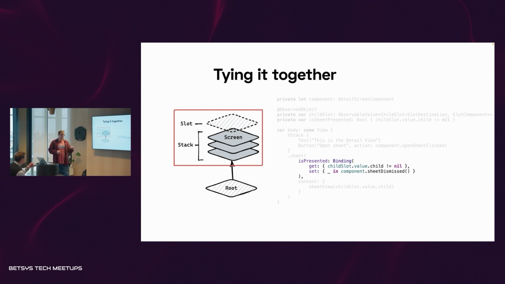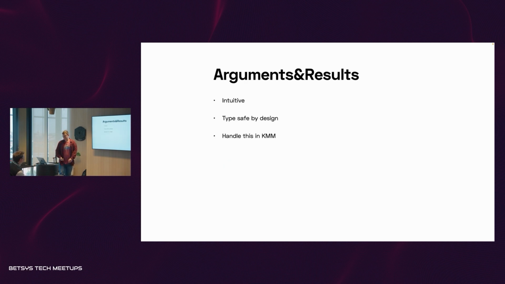So basically, you can dismiss the sheet from the Kotlin side, and it will get hidden. But also, when you swipe it away with your finger, the set method will get called, which will again loop over to Kotlin, and the get method will read that, and it will hide itself. Really easy, right? Just works.